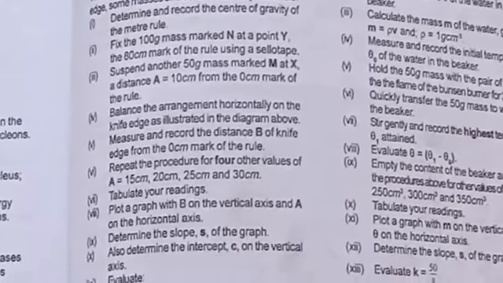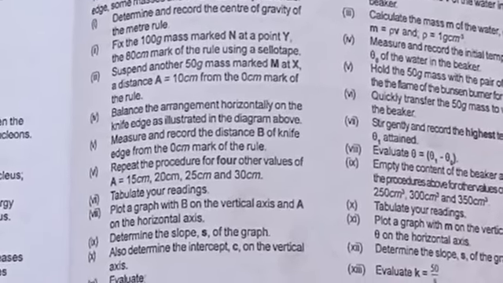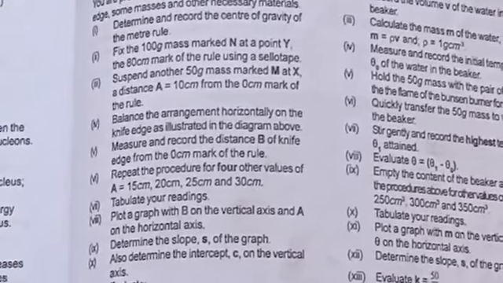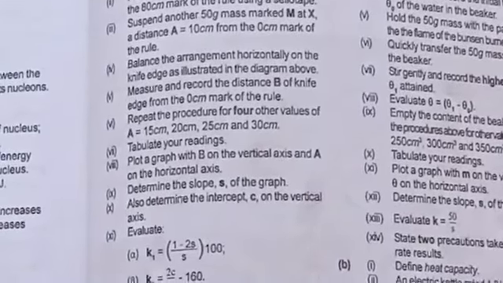The next thing is fix the 100 gram mass marked N at a point Y, the 80 centimeter mark. So we're going to fix this mass that was marked N at 80 centimeter, and use our adhesive tape to hold it.